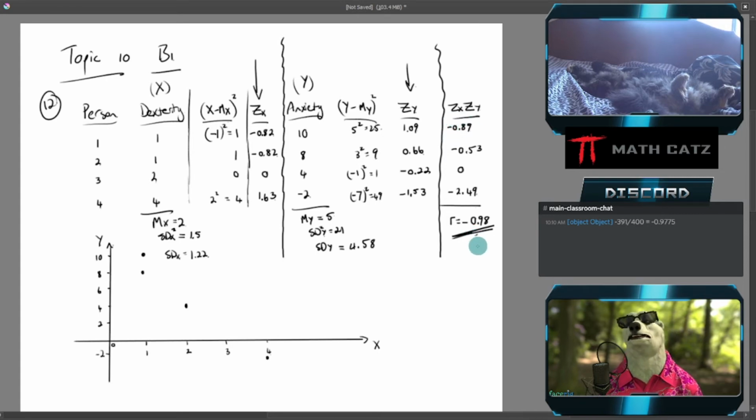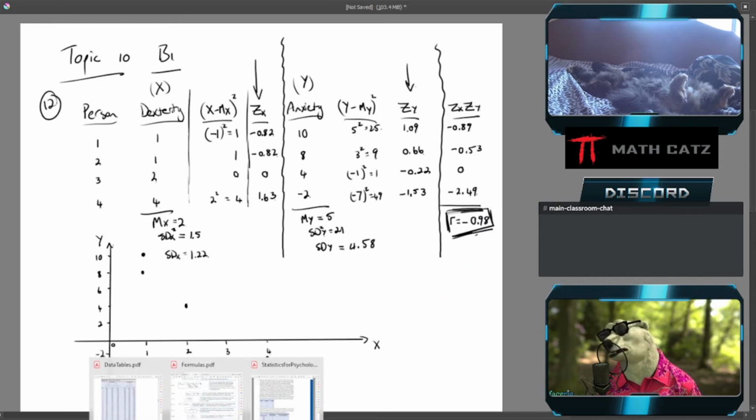The correlation coefficient is completely wrong. Very important to always take your time and be careful of every step. All right, we made it one way or another. So our correlation coefficient for this sample is, by hand, negative 0.98.